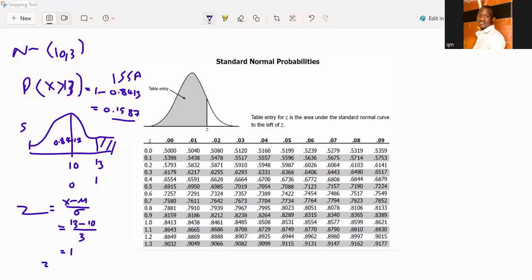So now we can look at exam type questions.